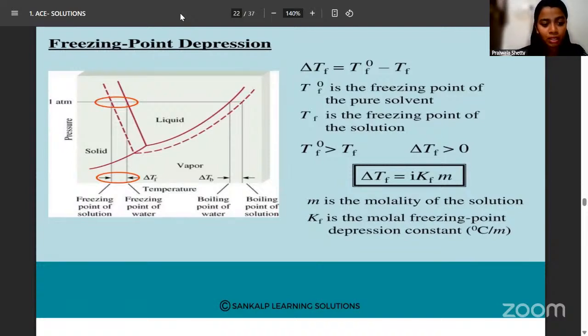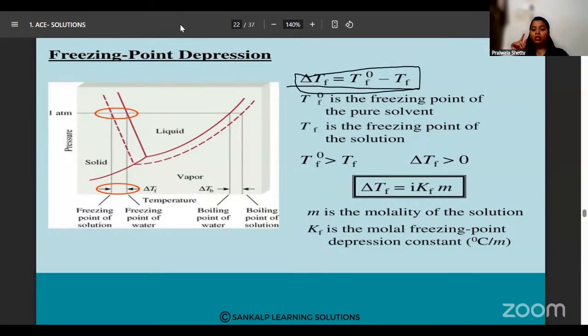There, when you're giving the difference, you have here what I was telling previously. I told you with respect to TB because it was boiling point. As it is freezing point, you are taking it as F. And there, what you had, wait, I'll show. Delta TB is equal to TB minus TB not.